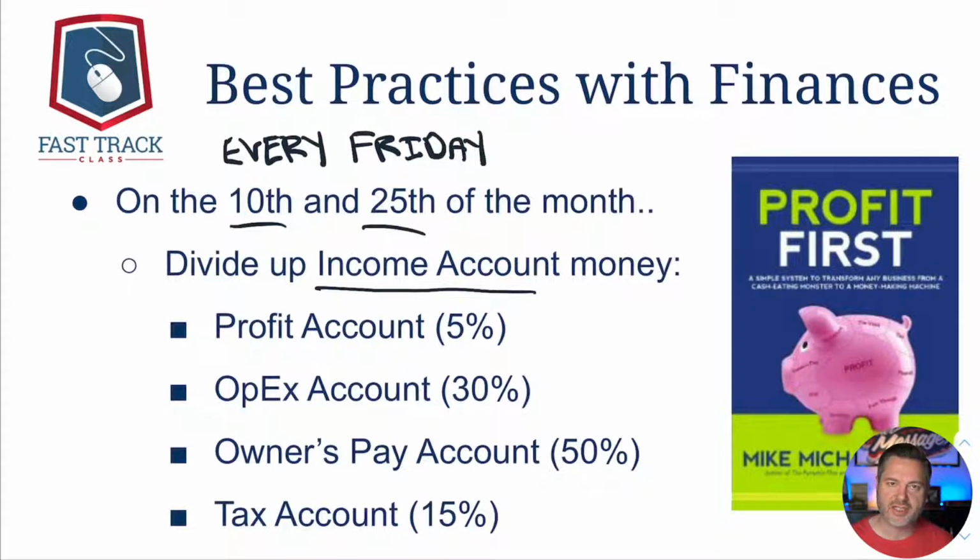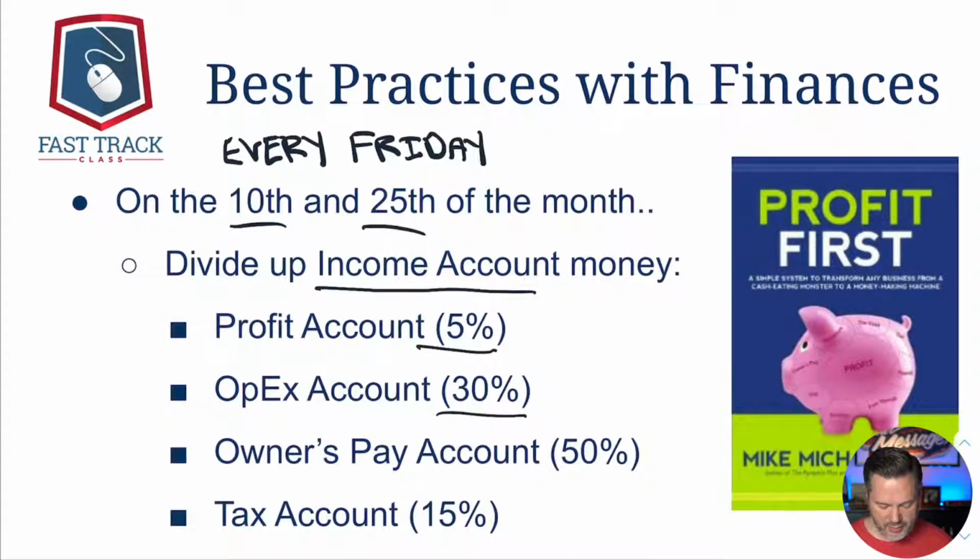Now, this is the recommended percentage. I have a couple extra accounts because as your business grows, you're going to have a need for other accounts. Like I have one for employees. I have one for a bonus pool for employees, things like that. But this is perfectly fine to start out. So these are the recommended percentages from Profit First. For example, you would put maybe 5% aside for profit.